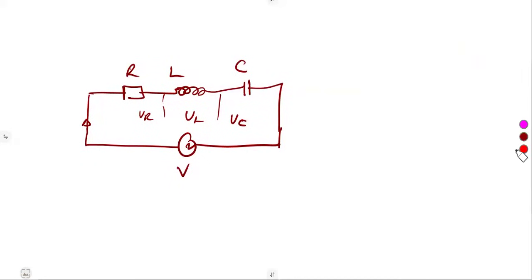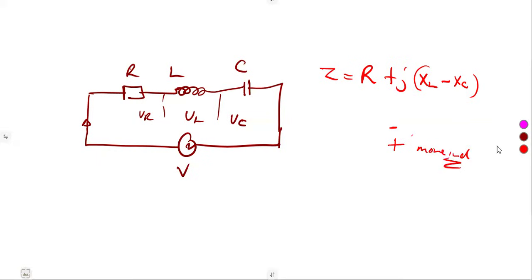The impedance, when it is to be calculated, is R plus J XL minus XC. So you can use this part and compare from there. If you get a negative, then it means it's more capacitive. If you get a positive, it's more inductive. You just need to go on that part.